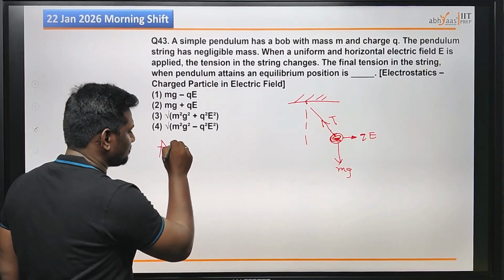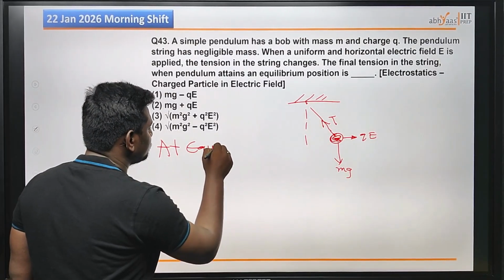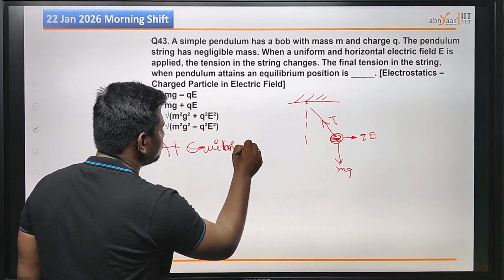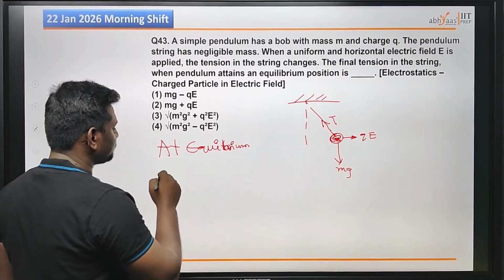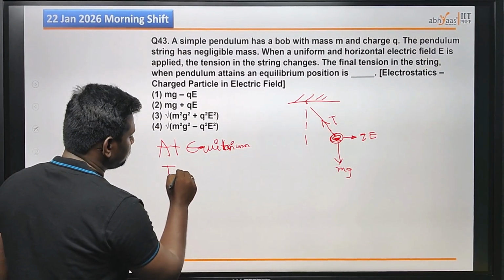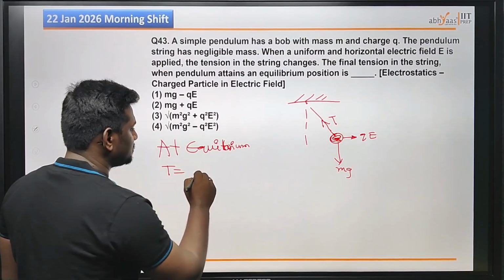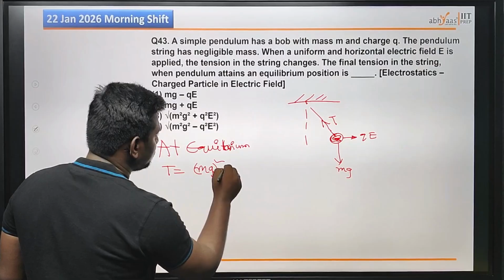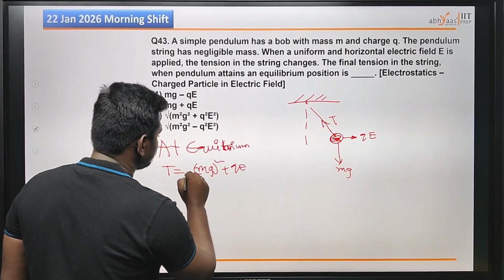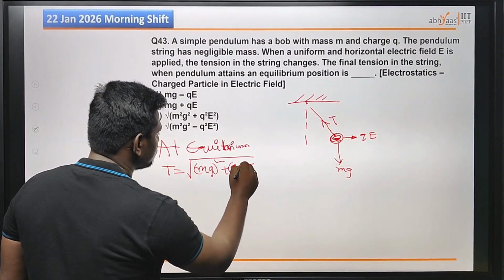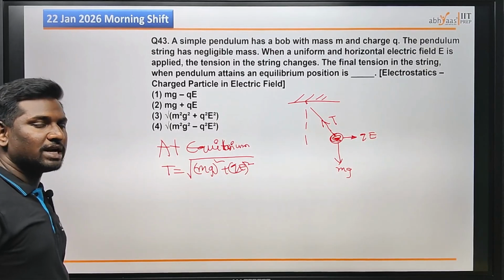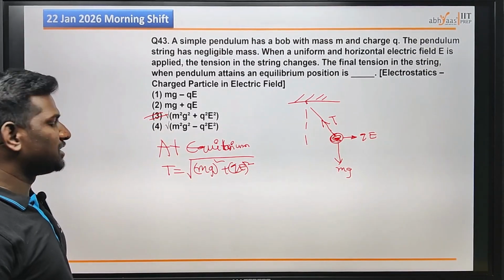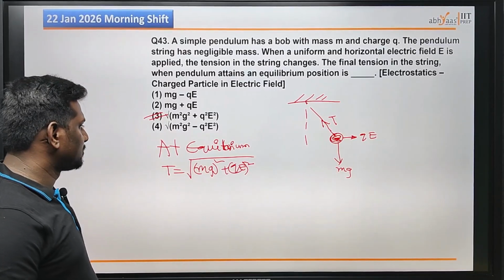At equilibrium, tension must be equal to the square root of mg square plus q square E square. So this is the equilibrium condition. Very, very simple. So option 3 is the right answer.